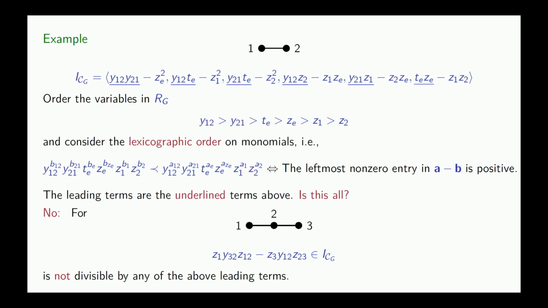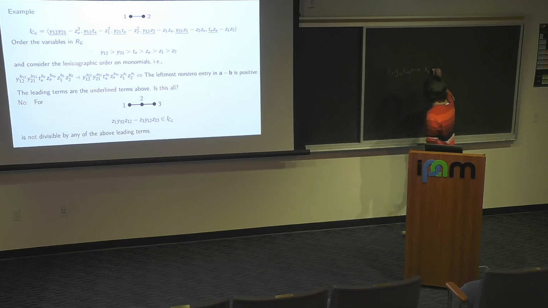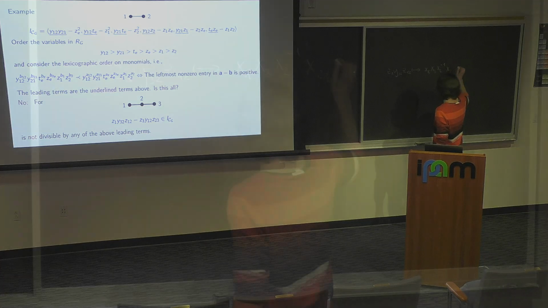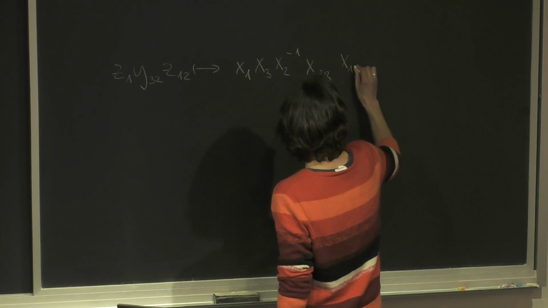So for example, this c_1 y_32 c_12 is mapped to x_1 x_3 x_2^-1 x_23 x_12.